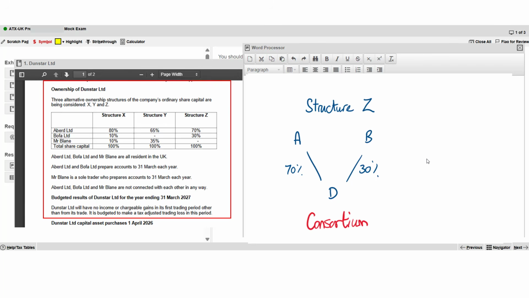So this is a consortium. Now, where we have a consortium, we can claim relief, but this time the relief is going to be based on the percentages. So within a consortium, the percentage matters, and we apply the percentage to whatever's in the consortium company. So that will be the loss.